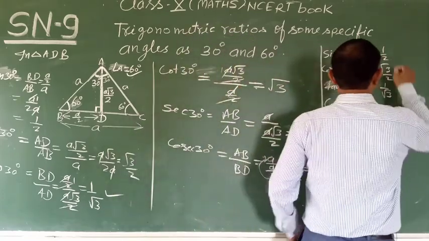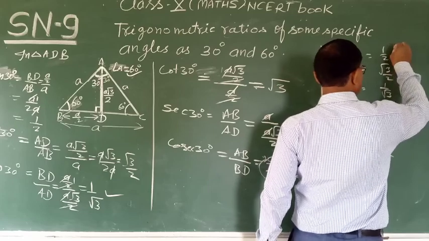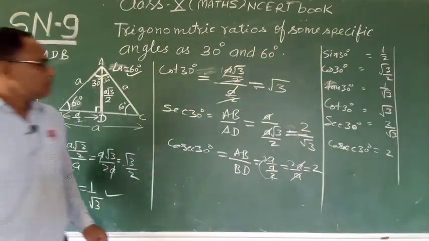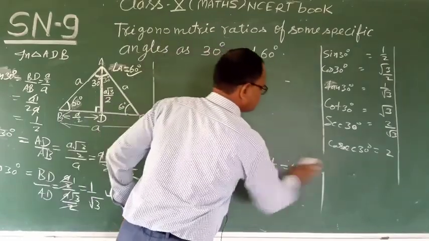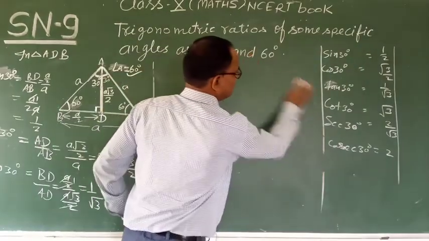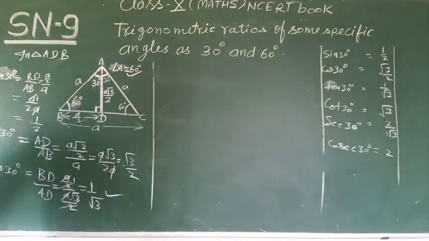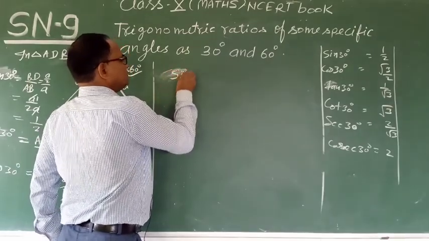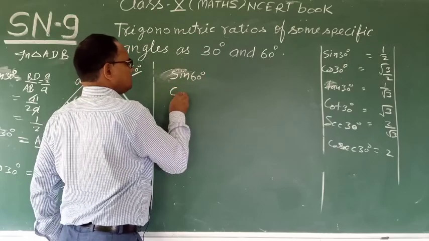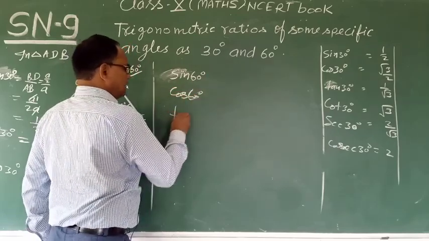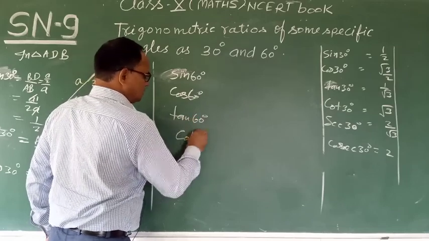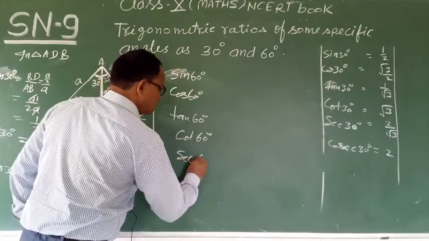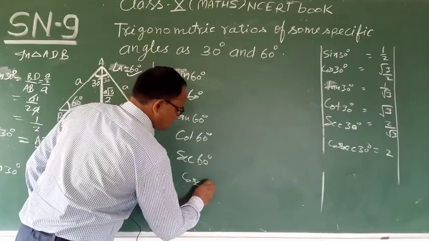After this, you can write the opposites of those: sin 60 degree, cos 60 degree, tan 60 degree, cot 60 degree, sec 60 degree, and cosec 60 degree.